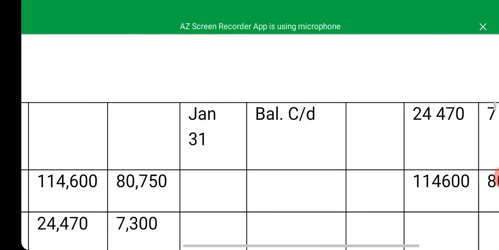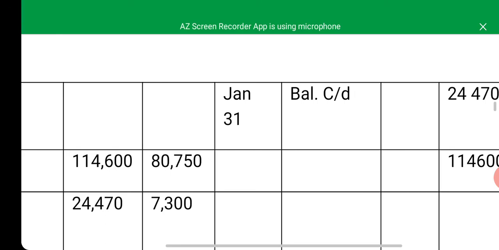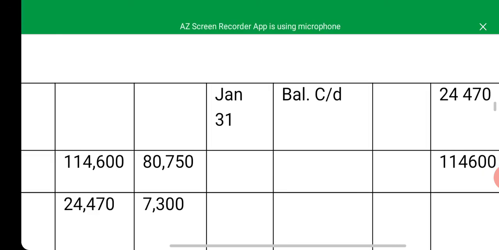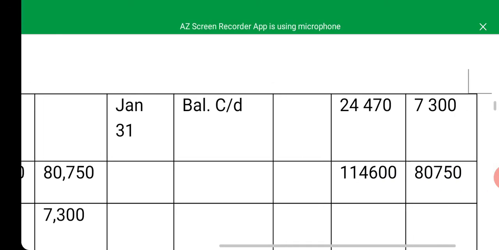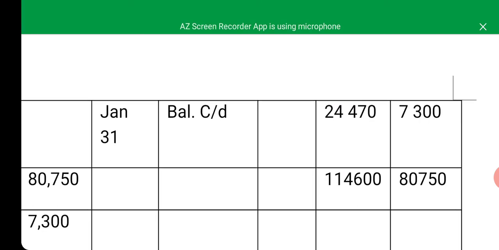Then the total for the bank column on the debit side is 80,750. So the difference between the two, to that of the credit side, is 7,300, and this represents the balance carried down for January 31st. So having the total for both sides to be equal to 146,600 for cash, 80,750 for bank.